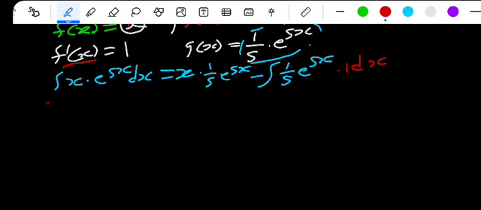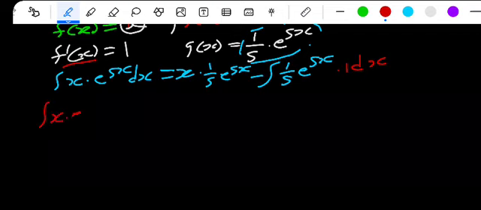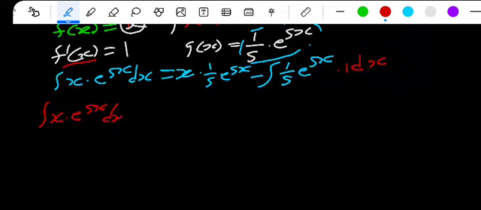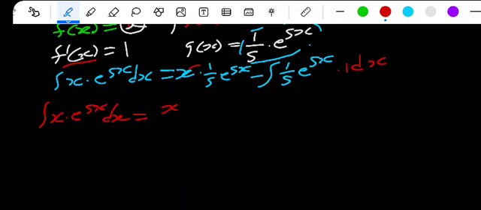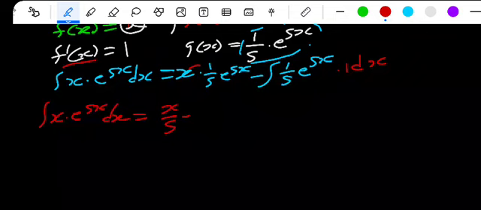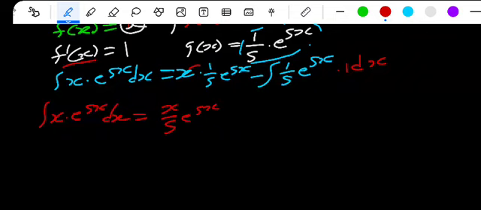On my left hand side I still have this, then here I multiply them and simplify further. This can go there on the top, either way, whichever you are comfortable with. Multiplying this, we will have x over 5 e raised to the power of 5x.